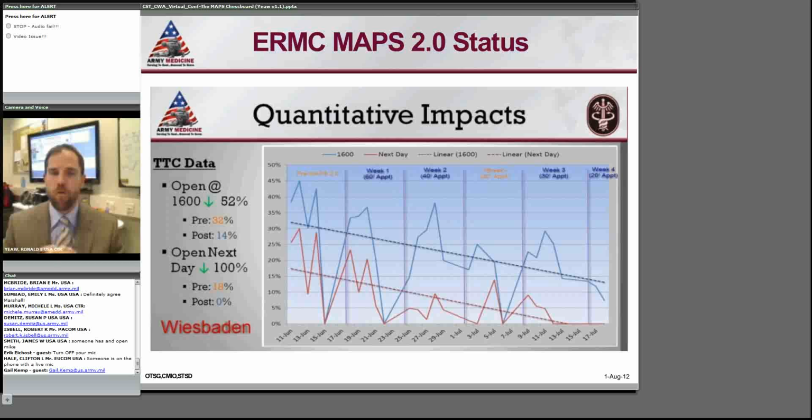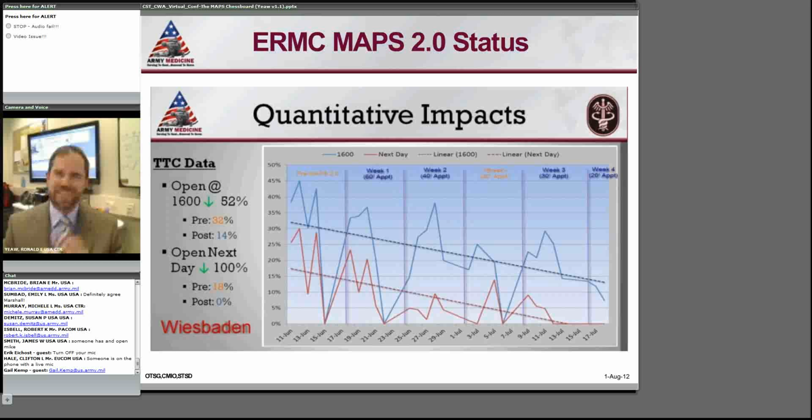Before we got there, on average, 32% of their records were open at 1600, which means after their 4:30 appointment, the average provider had a third of his or her work to complete and document before he or she went home. The red line beneath that shows how many open appointments there were the next day. Starting before we got there, typically 18% of the records were open the next morning.